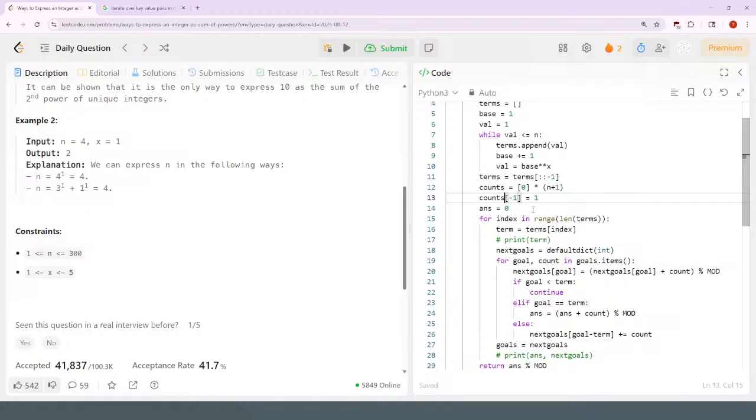So let's say the goal indices were like 300 and 200. And now I'm dealing with a term that's 80. Then I would take the counts at 300 and add it to the count that is at 300 minus 80.